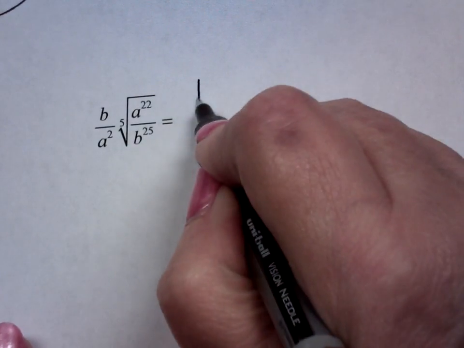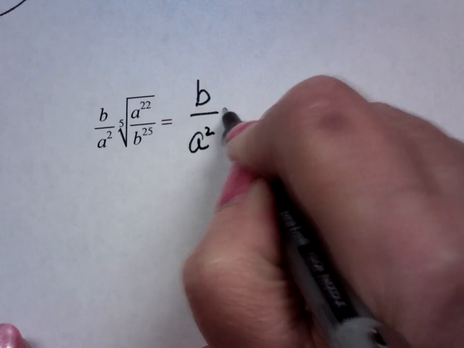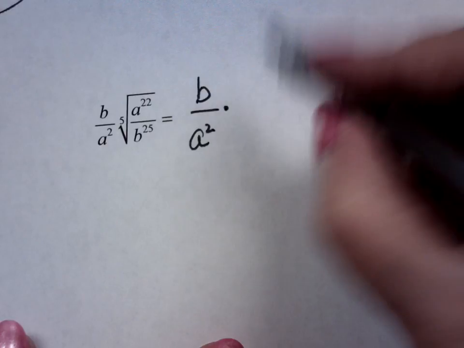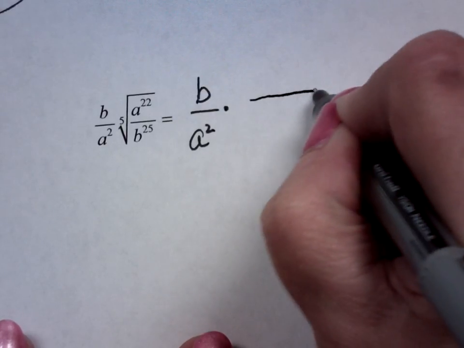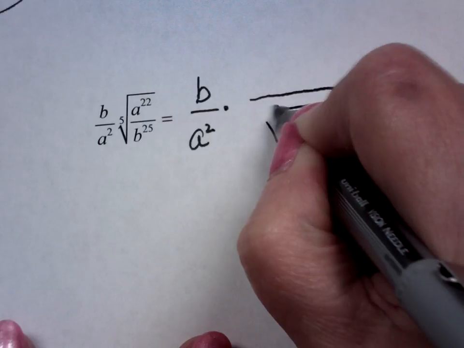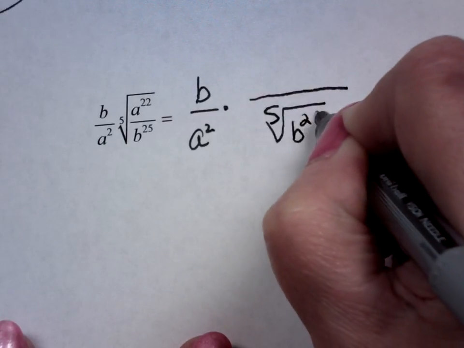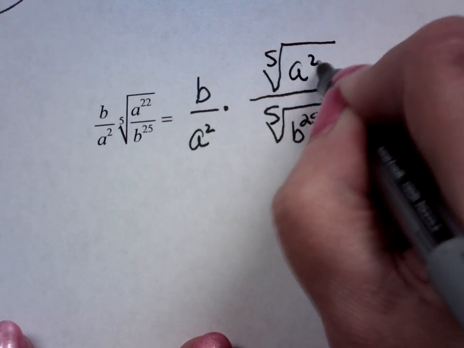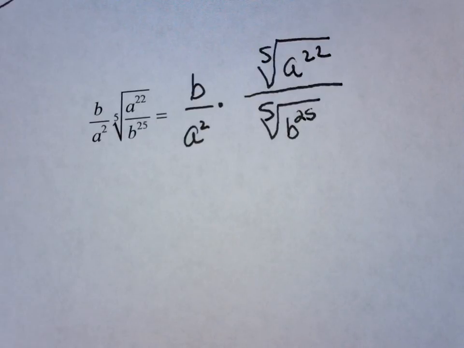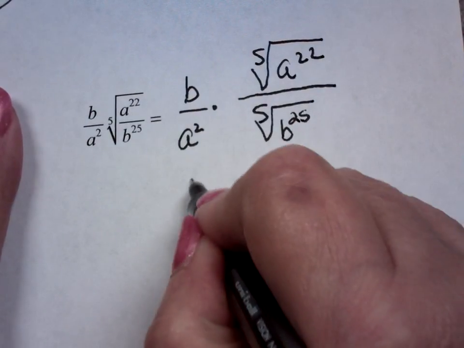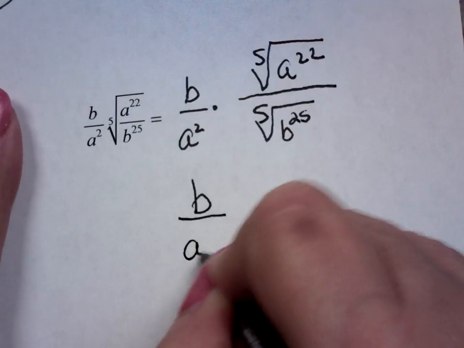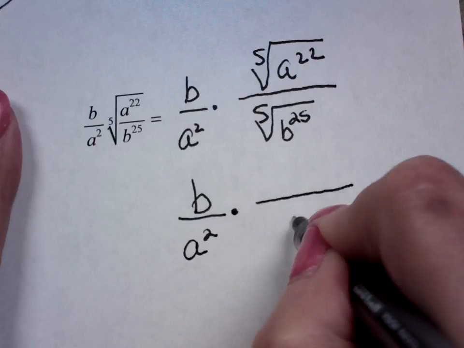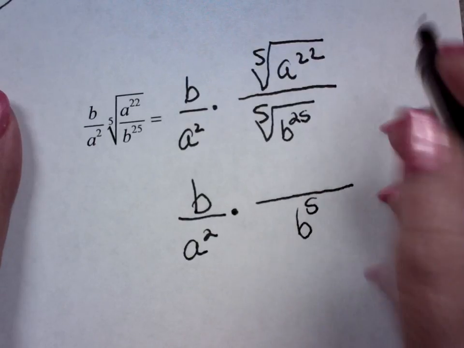Okay, well, b over a squared times. Now you notice that b to the 25th is a perfect fifth, so I'll have the fifth root of b to the 25th, the fifth root of a to the 22nd. 5 does not divide 22 evenly, so I keep track of this. b over a squared times, the denominator is b to the 5th, because 5 divides 25 5 times.